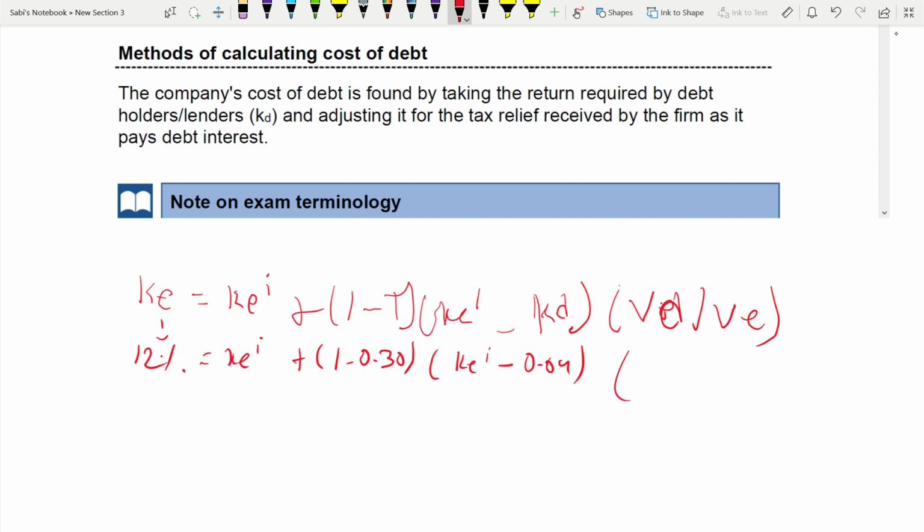What is that? 20/80, 20 over 80. So now 0.12 equals KEI plus 0.7, because 1 minus tax, into KEI minus 0.04, times 20 over 80, which will be 0.25.